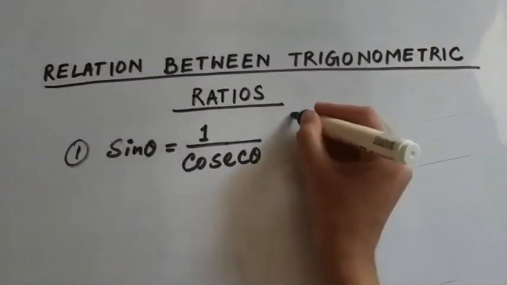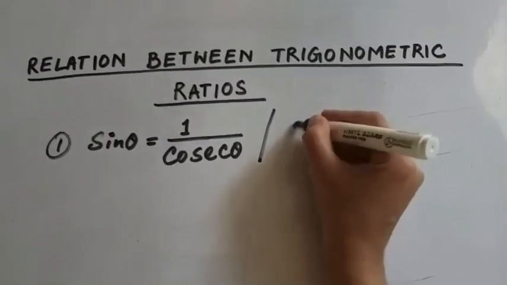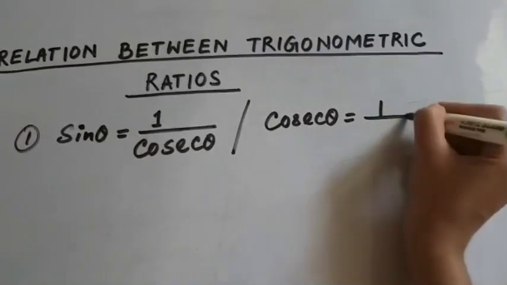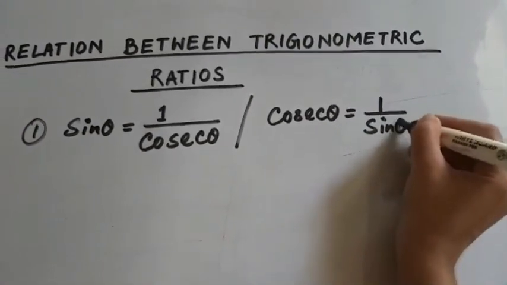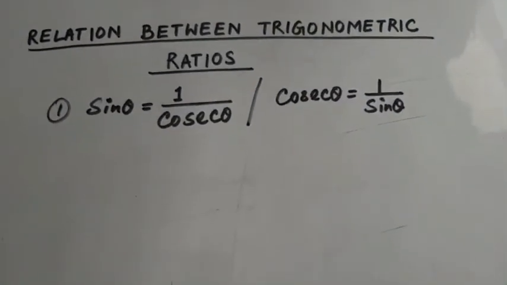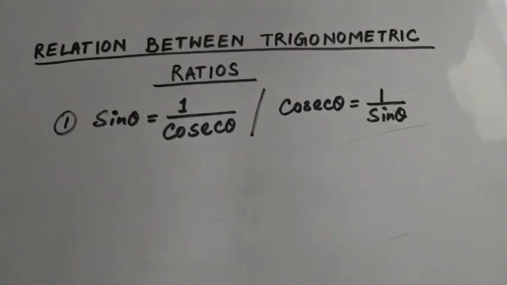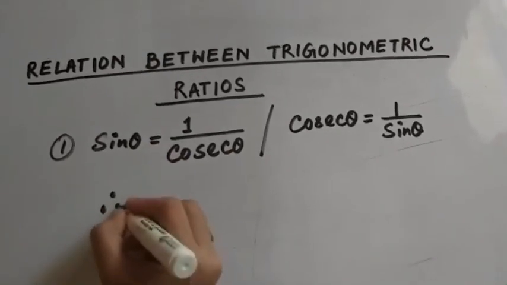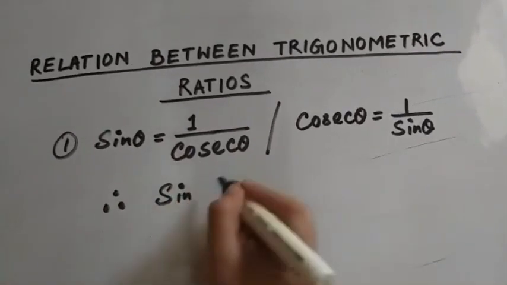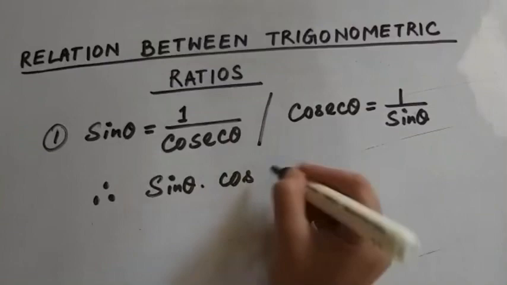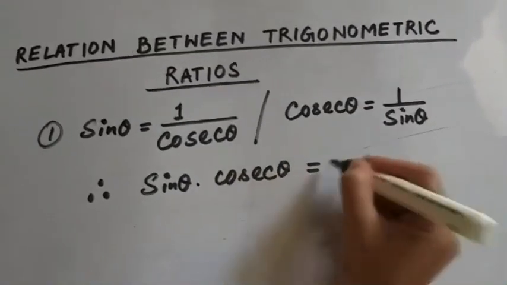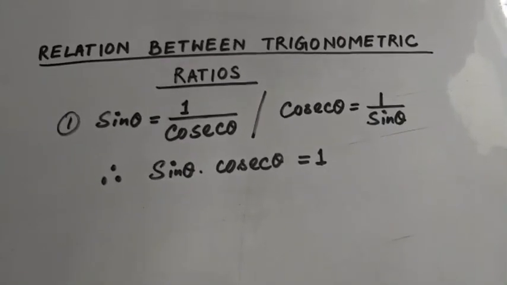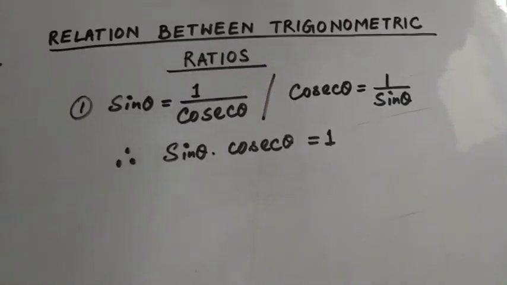So in the other way, we can say that cosec theta equals to 1 by sin theta, right? So if sin theta and cosec theta are the reciprocals of each other, therefore sin theta multiply cosec theta equals to 1, because the product of the two reciprocals will be 1.